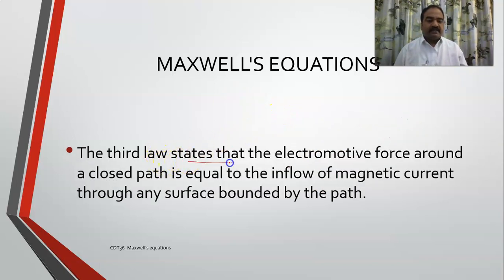The third law states that the electromotive force around a closed path is equal to the negative rate of change of magnetic flux through any surface bounded by that path. Del cross E is equal to minus dou B by dou t.